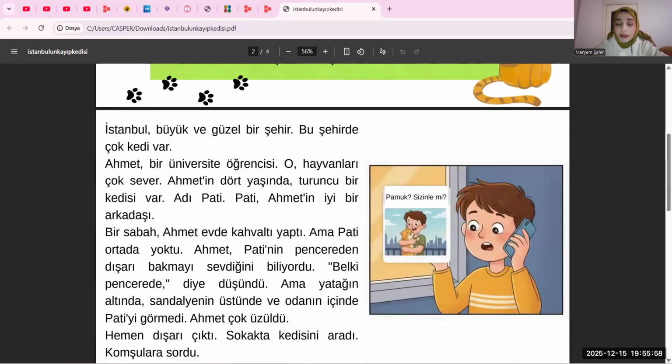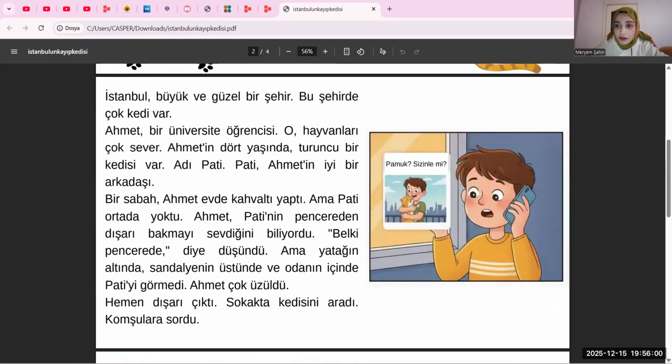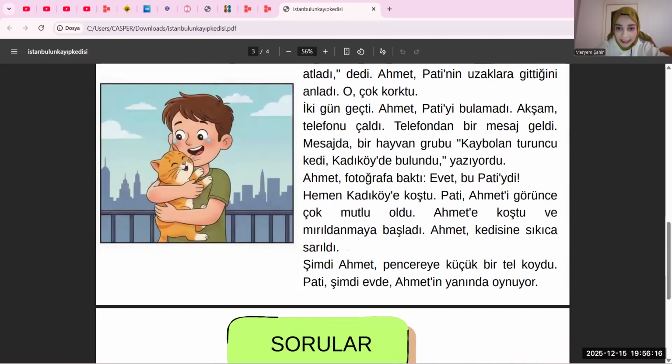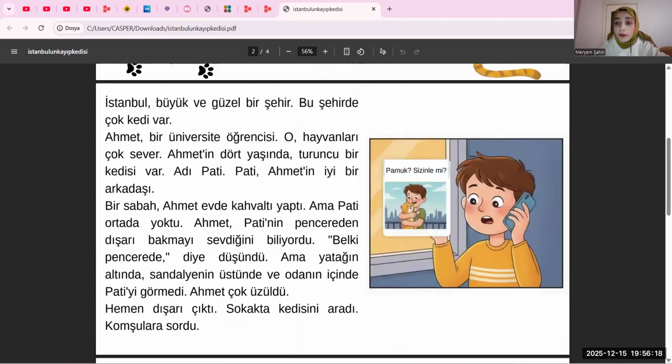And what we're gonna do is, first of all, I will read this story in Turkish, as I'm someone who's speaking Turkish as a native speaker. This is my mother tongue. I will read the story in Turkish one by one, slowly, so you can understand all the words and how I pronounce them. And after I finish reading, I will open the first page again and I will pause.